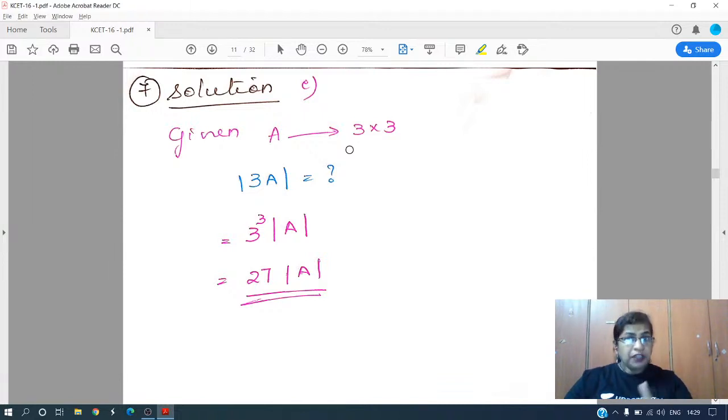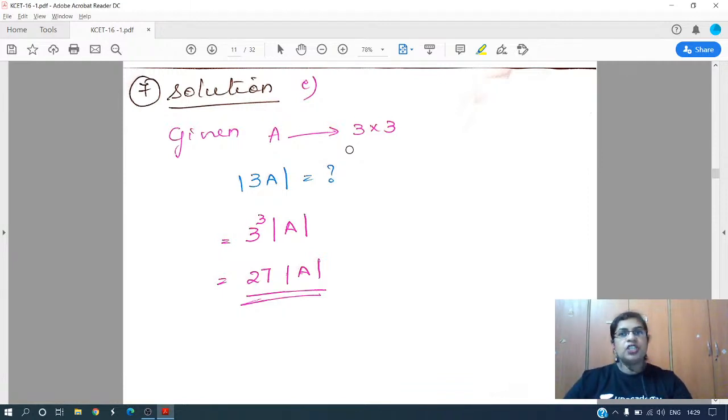Then the formula is k to the power n. From the first row one k is coming out, from the second row one k is coming out, and there are n rows, so how many k's have come out? k to the power n into determinant A.